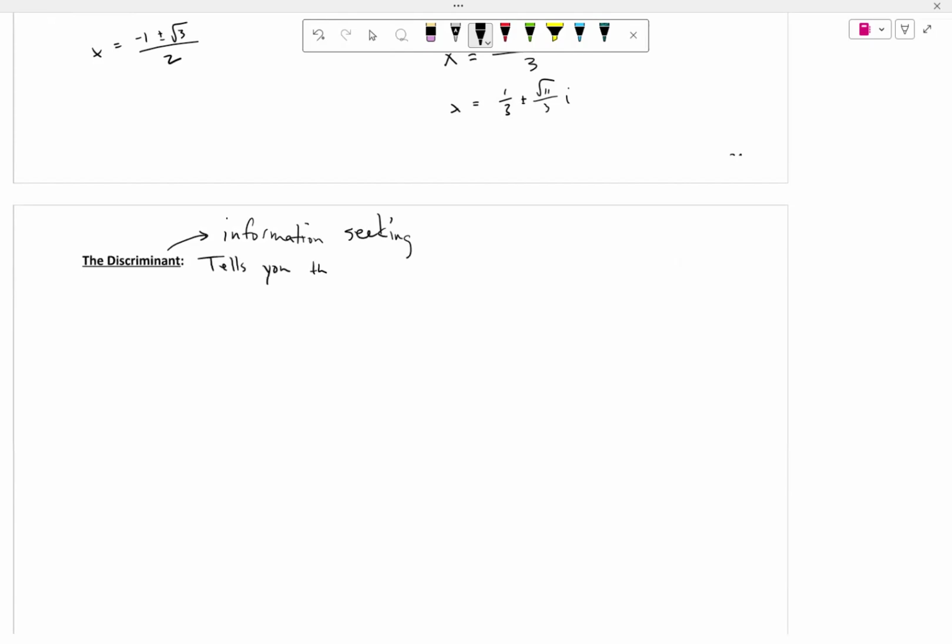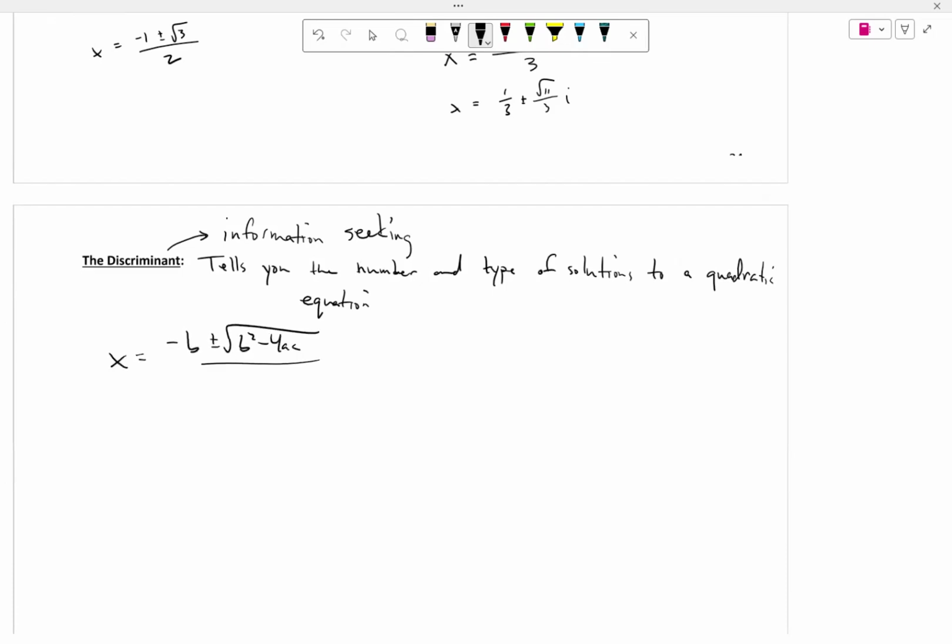Nice. The number and type of solutions to a quadratic equation. Here's the quadratic formula, x equals negative b.